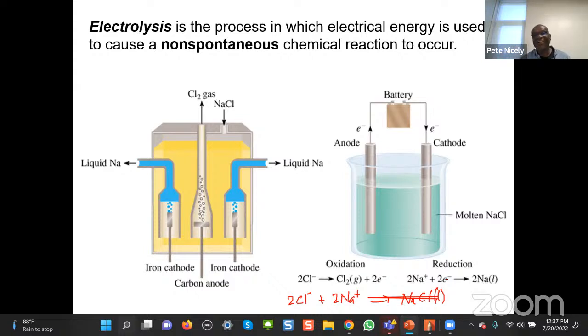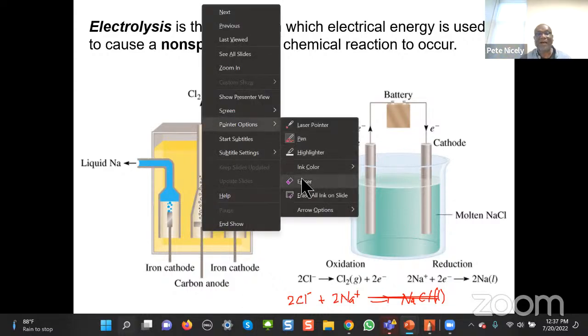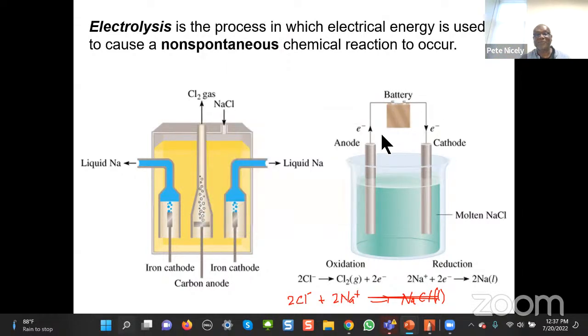And that energy comes from the battery, which is a part of the setup right here. So that's how the non-spontaneous reaction is driven. That's what happens in the case of sodium chloride, and basically that will happen pretty much for any ionic compound in a similar situation.